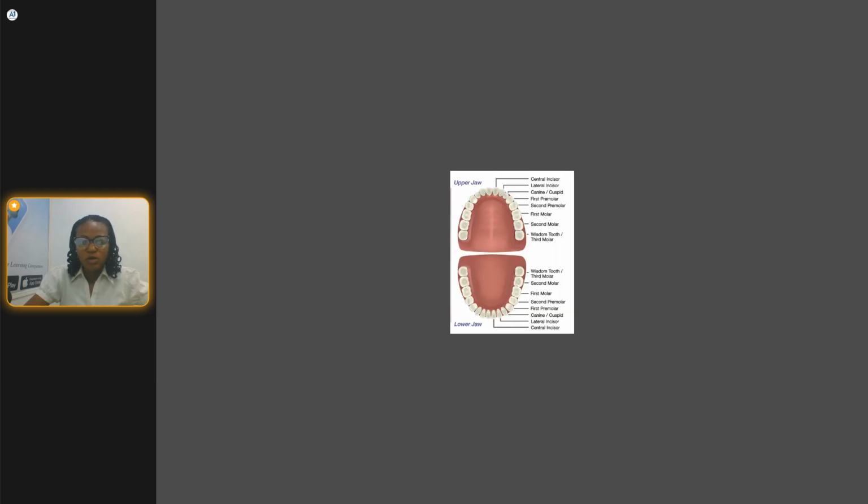We are going to look at how it looks. You can see the diagram here. You can see the central incisor, we have the incisor here. This is the incisor for human's teeth. This is for human, don't forget.